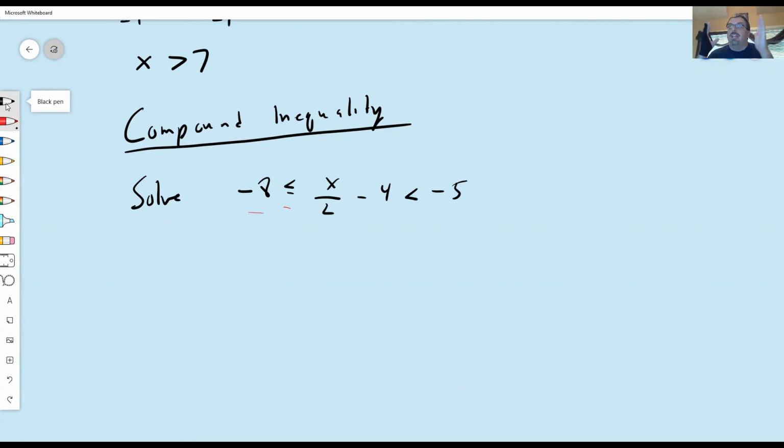So it says that this thing in the center is between those two values.